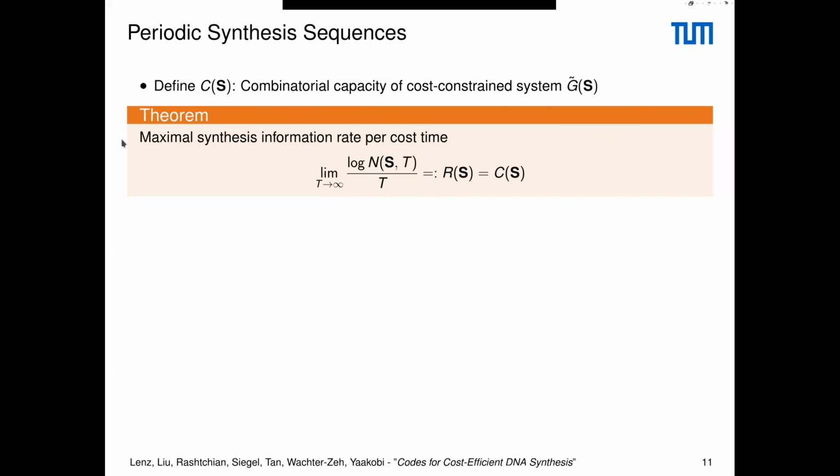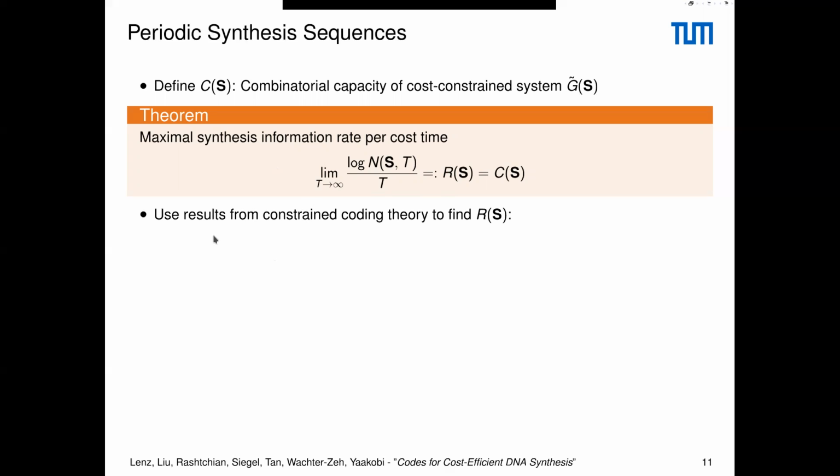All right, then we get this theorem here that our maximum synthesis rate, which was defined as log n of S and T divided by T, is exactly the capacity of the combinatorial system because their definitions coincide, in fact.